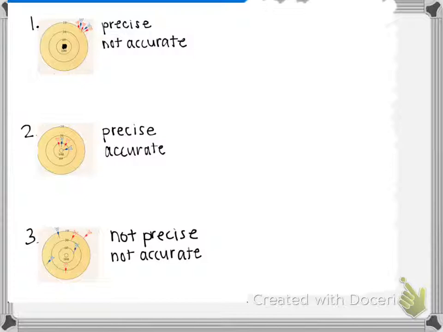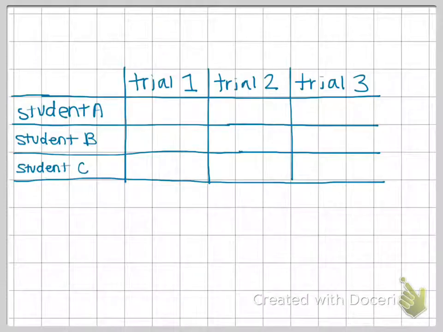Next example, we're going to look at a data table. So I want you to copy down this data table. Student A, Student B, and Student C, Trial 1, Trial 2, and Trial 3.